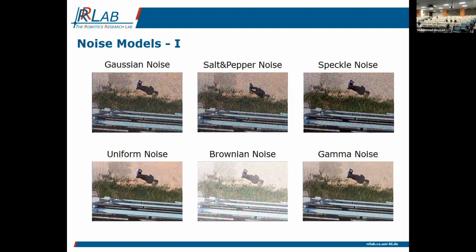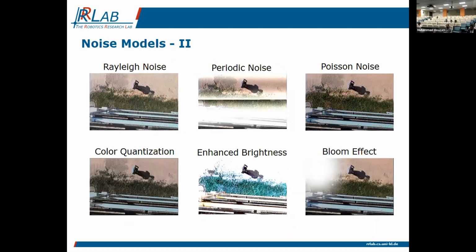I don't want to talk too much about the other noises, because the difference is just in the mathematical formulation of how we introduce them. There are very many of those. Some are also not just pixel based, but affect the whole image, like brightness noise or bloom effects.